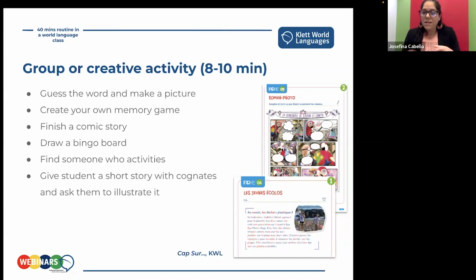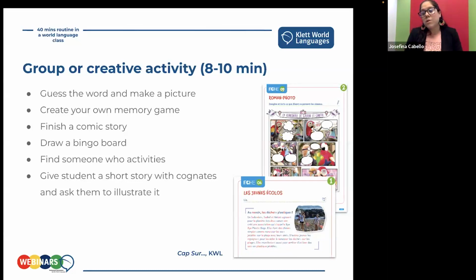Find someone who activities, where you have a 3x3 grid and you can put questions for your students. For example, find someone who's wearing a jacket, find someone who is wearing a skirt, find someone who is wearing a scarf. They're going to start looking for people, or they can start asking questions.